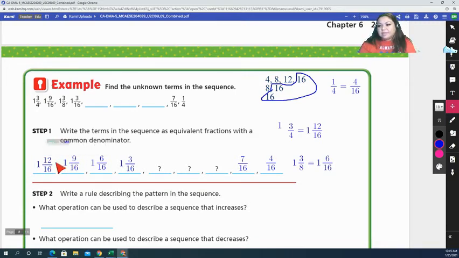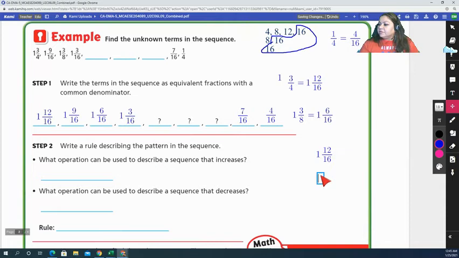In this case, I see that 12 is bigger, right? So that means that I'm going to subtract 1 and 12 sixteenths minus 1 and 9 sixteenths.